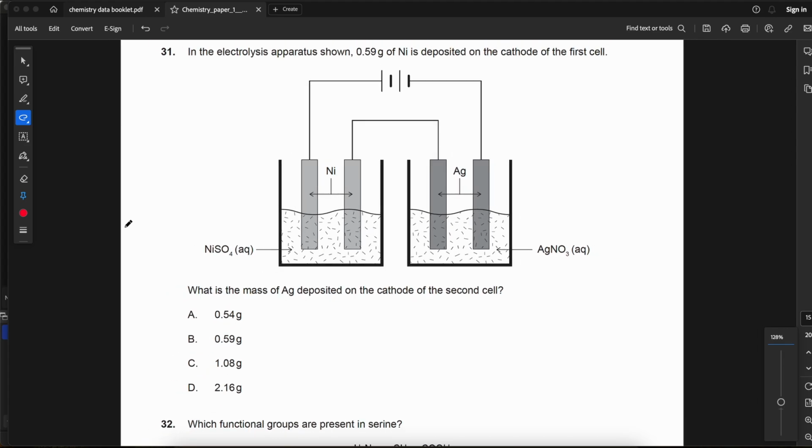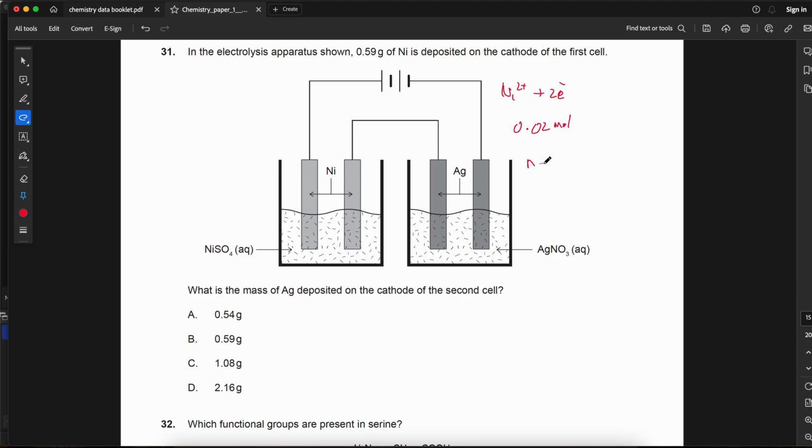In the electrolysis apparatus shown, 0.59 gram of Ni is deposited at the cathode of the first cell. What is the mass of Ag deposited on the cathode of the second cell? So Ni 2 plus involves 2 electrons. Okay, so that would be 0.02 mole. How do we find 0.02 mole?